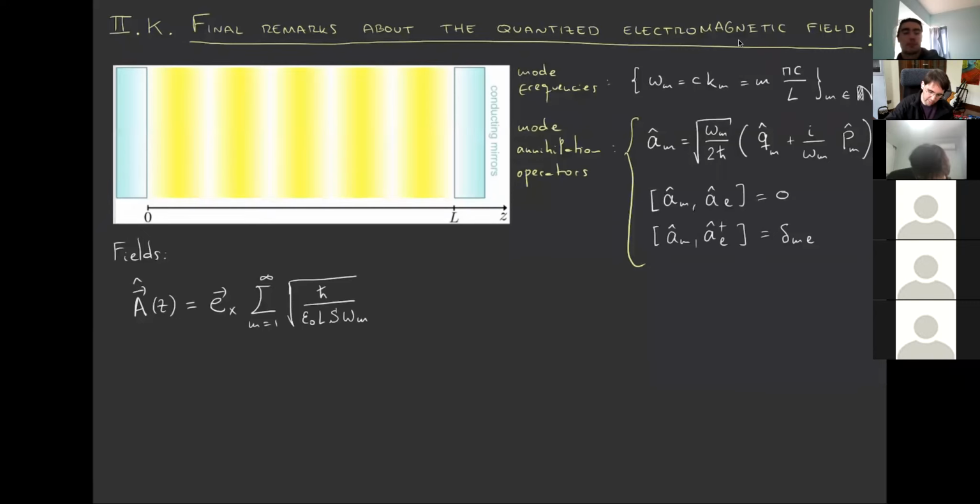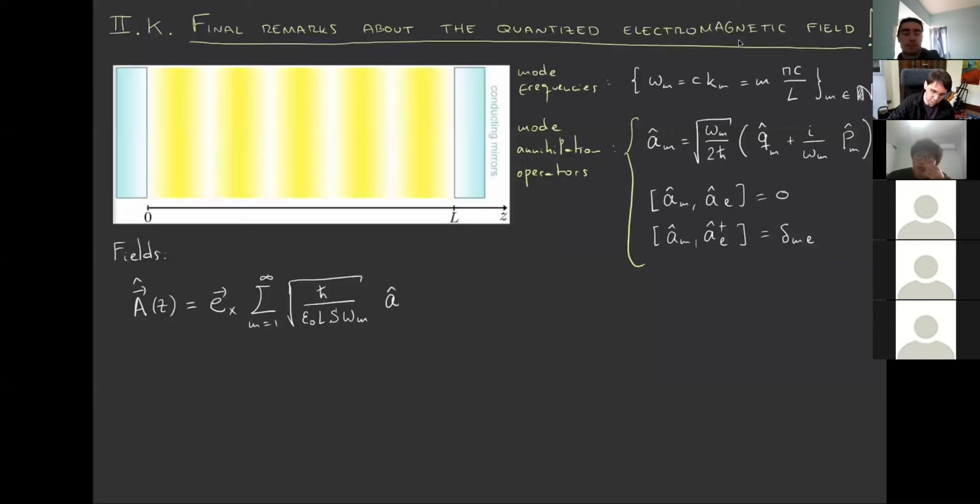And I remind you that this S in here is the surface of the section of the cavity, which we assume is finite, even if we are using kind of an infinite description. So it's large but finite.